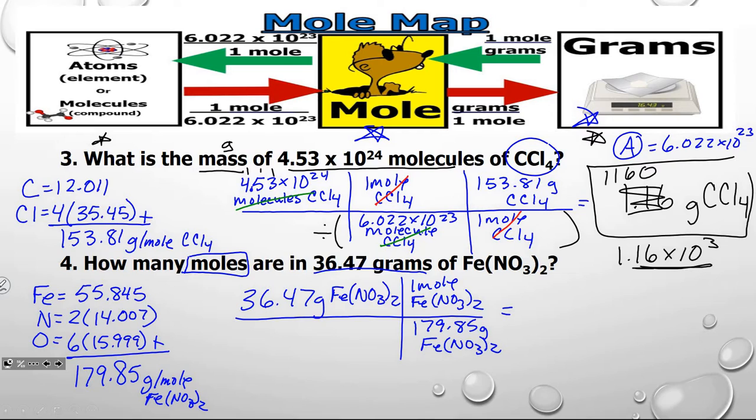Another little shortcut I like: when I've added this up and it's in my calculator, I leave it on, because if I only have one step, I'm either timesing or dividing by it. So all I have to do is hit the 1 over x button and times it by this, and I'm done. It saves a step. Either way, we take 36.47 divided by 179.85. We're going to end up with a decimal, so 0 point something, and we have 4 significant figures. So moles FeNO3, 2. What are our numbers?